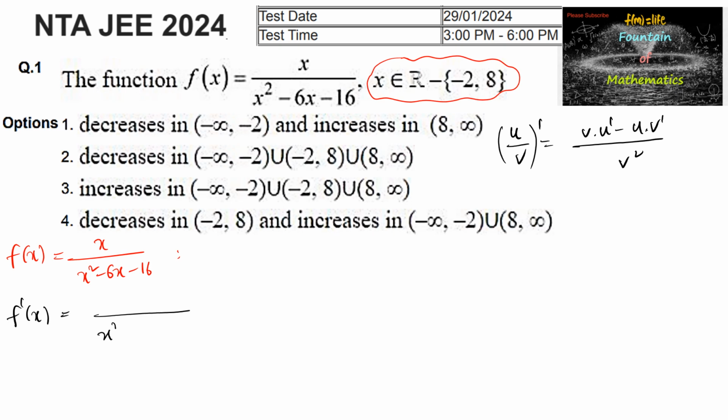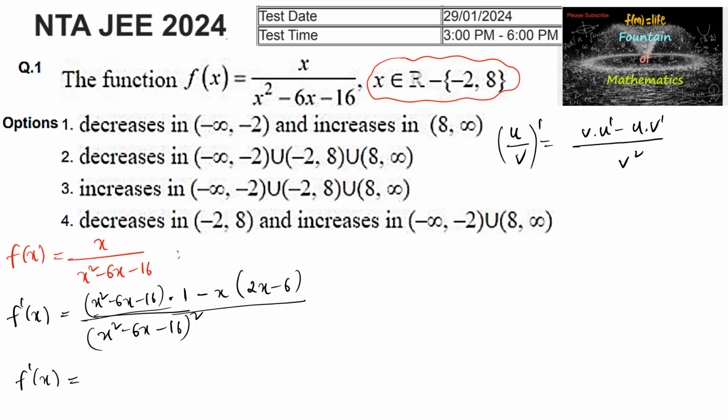So we can write x square minus 6x minus 16 whole square in the denominator, and in the numerator x square minus 6x minus 16 into differentiation of x, which is 1, minus x into differentiating the denominator, that is 2x minus 6. So we can write f dash of x is equal to x square minus 6x minus 16 minus 2x square plus 6x upon x square minus 6x minus 16 the whole square.